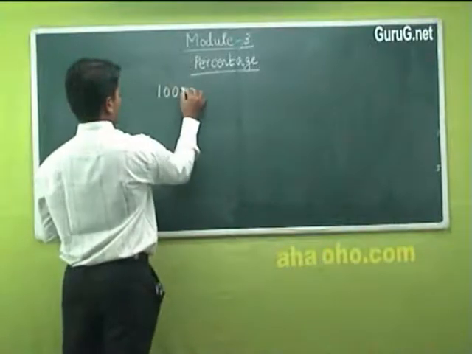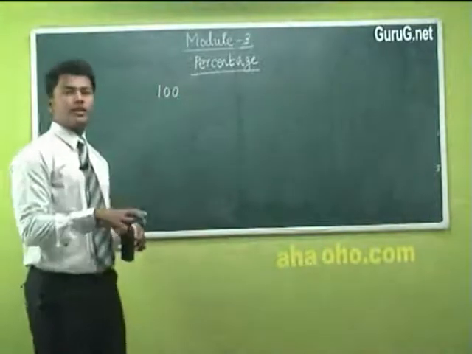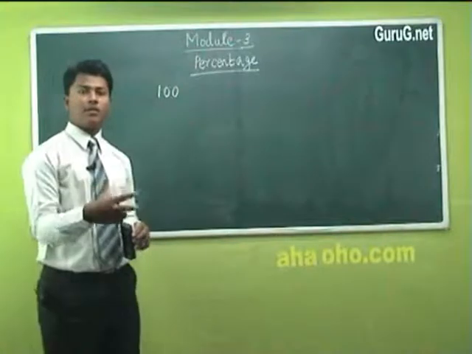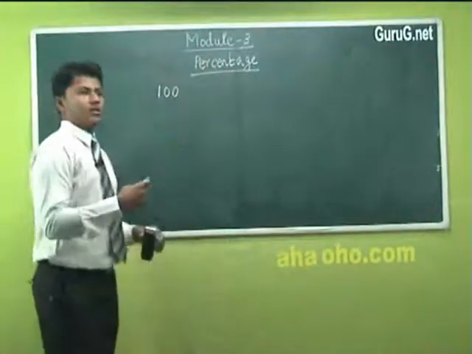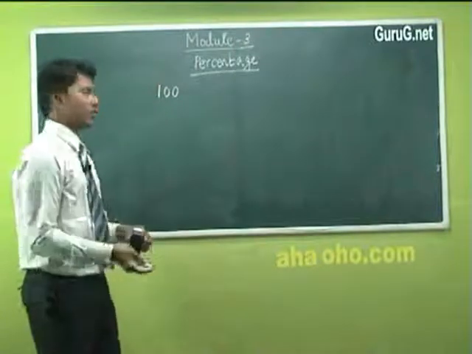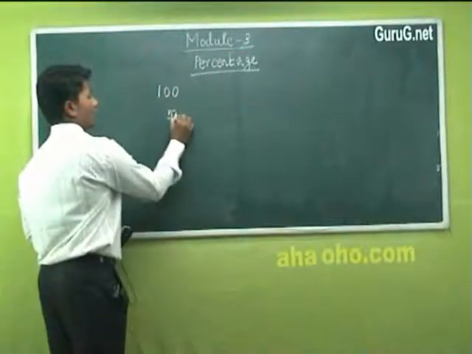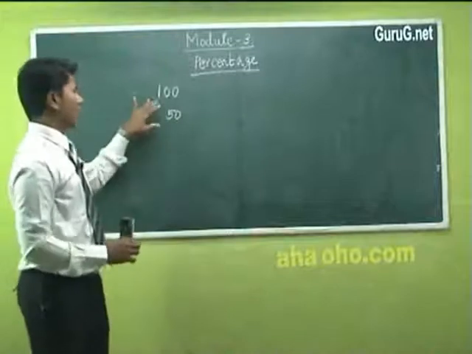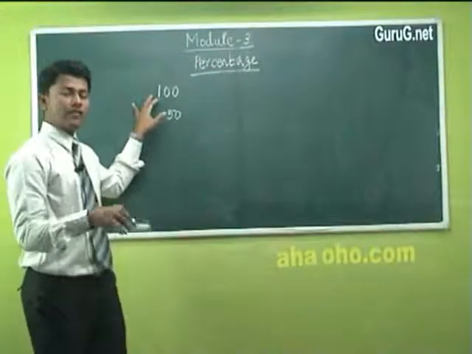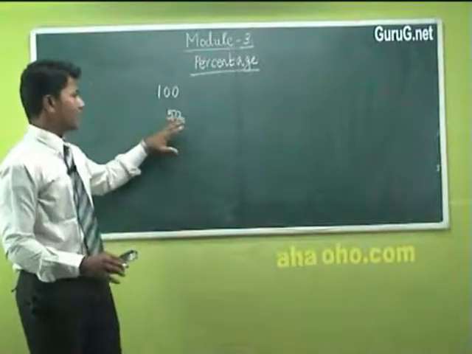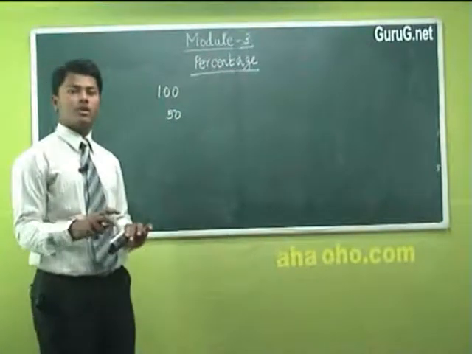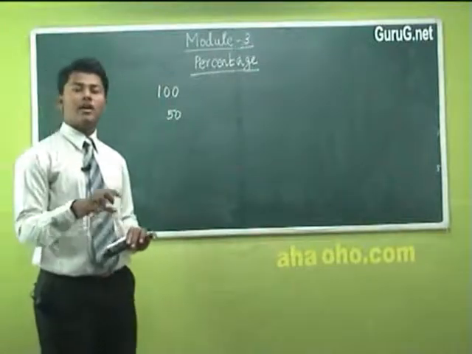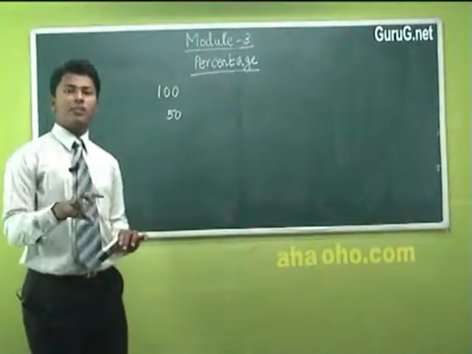Initially you had 100 apples in your hand. Now after selling a few apples, you have 50 apples in your hand. So the number of apples has been reduced.